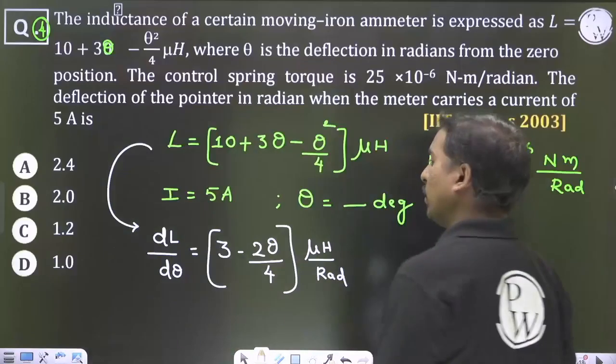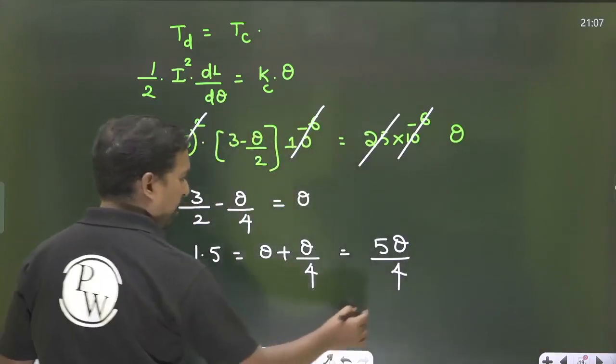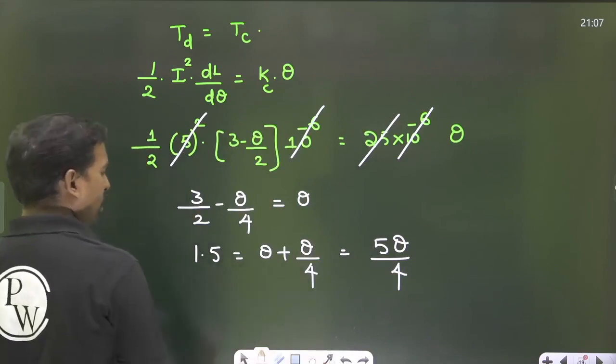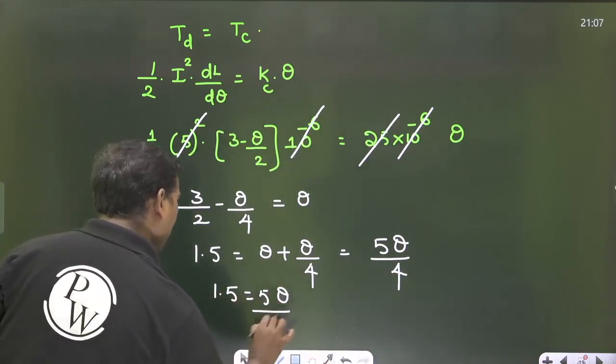Option C is the answer. Let me take one more step: 1.5 equals 5 theta by 4.